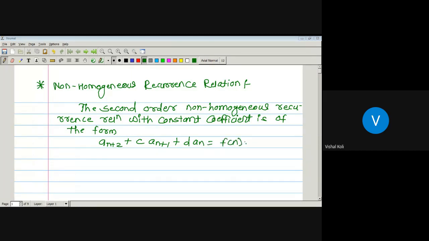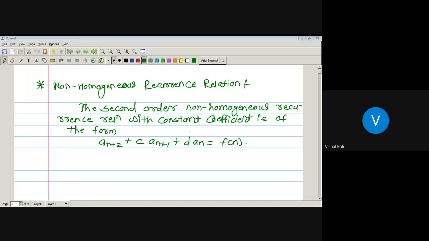Since this one is non-homogeneous, f of n must be not equal to 0, where c and d are any two non-zero constants, and this is a recurrence relation with constant coefficients since c, d are constants, and it is of order 2.